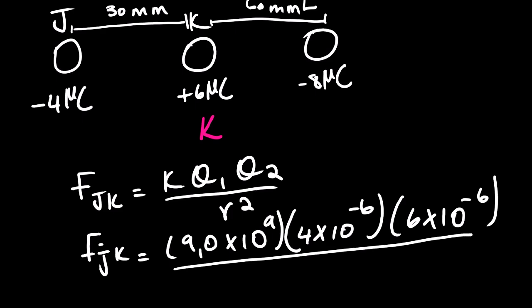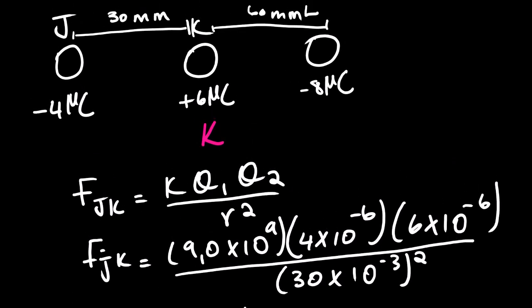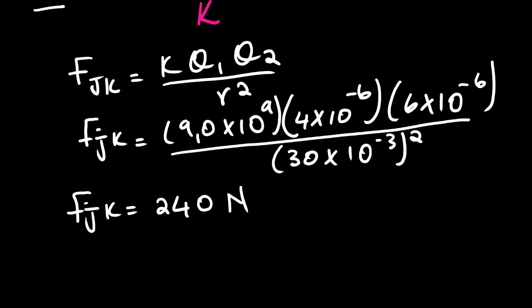This is all over the distance, 30 times 10 to the power -3, squared. So the electrostatic force between J and K is 240 newtons. We look at the direction. Since we have negative and positive, we make sure that this doesn't move. We can see that this will move to the left, so the direction is left.